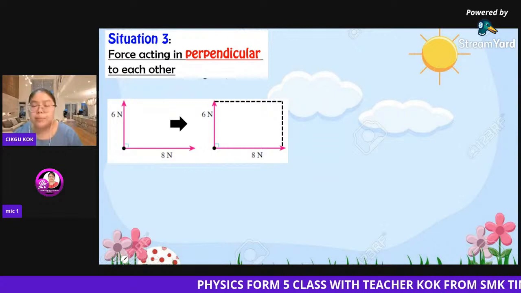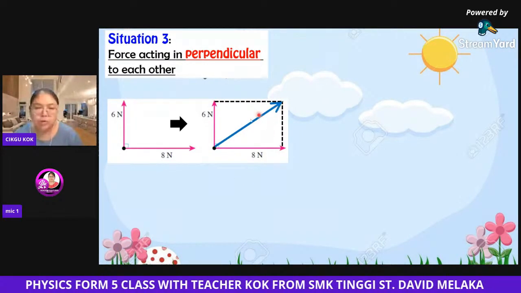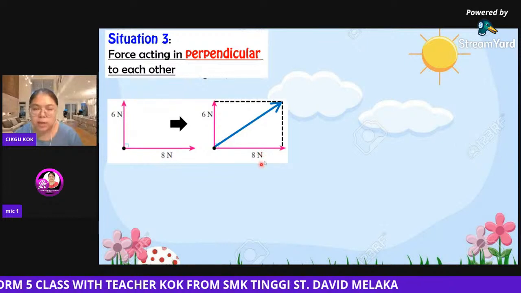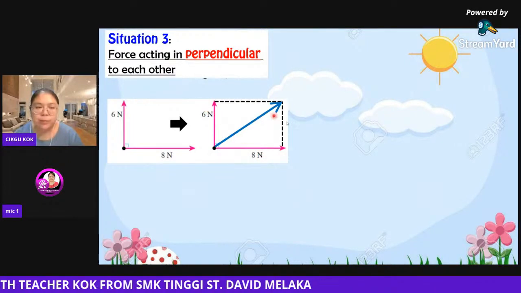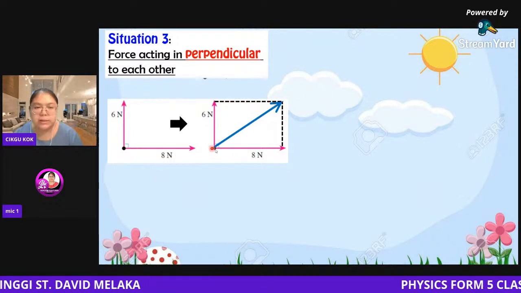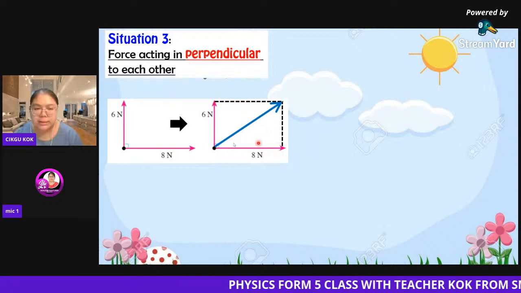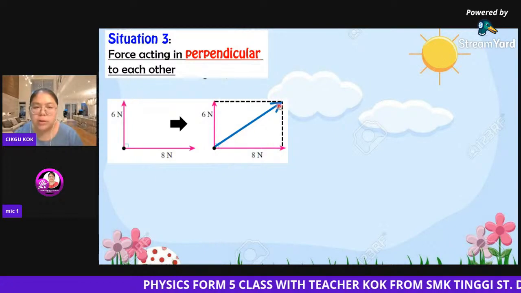So I find this line should be the longest in the whole box. This one is 8 Newton. If I move the 6 Newton to the other side here, I can create one triangle with a perpendicular angle. So this one should be the longest one, is it?